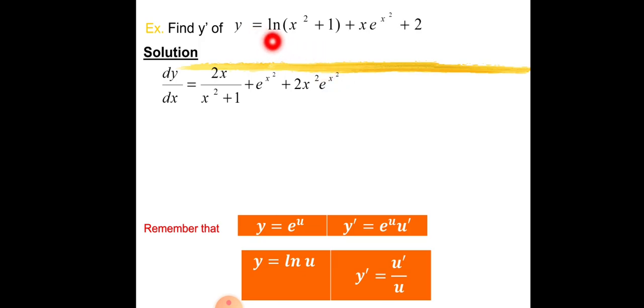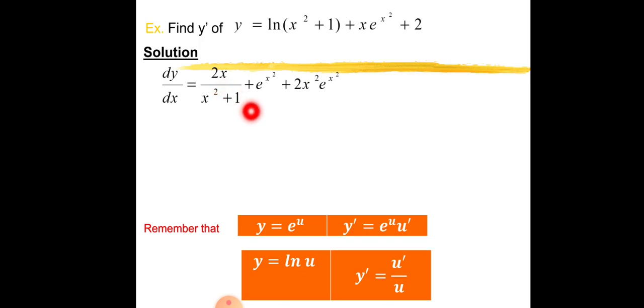So here ln(x squared plus 1), this is u. Apply the rule, u prime over u, where u prime is the derivative of x squared plus 1. For x squared, put the power down and subtract 1 from the power, so you have 2x. The derivative of the constant 1 equals 0.